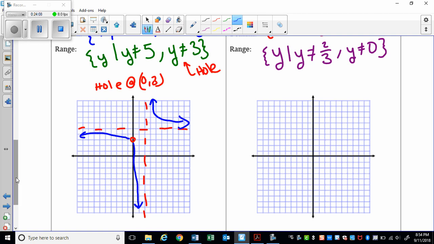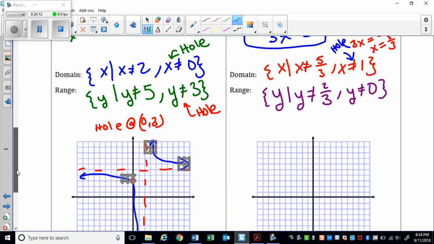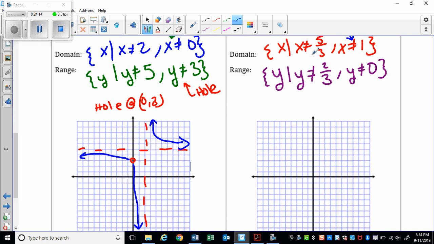Now let's look at our g of f of x. It looks like there is an asymptote at x equals 5/3. So that is 1 and 2/3. So like, I don't know, it's almost 2.